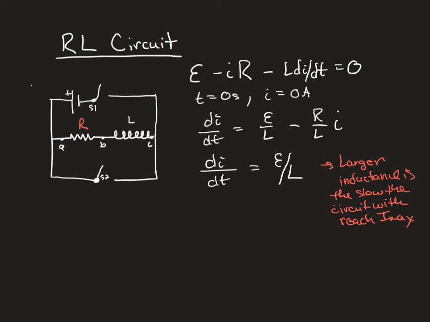Where at t max, I is going to equal the maximum current, so I max, and I max is going to equal the EMF over the resistance. And so that maximum current does not actually depend upon the inductance. It depends instead upon the resistance in the resistor.